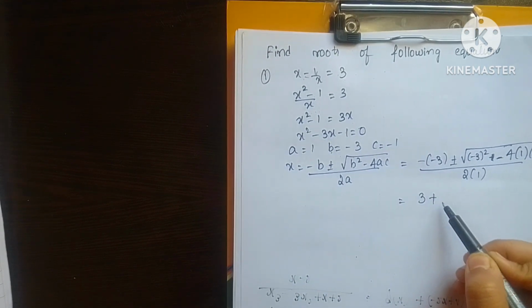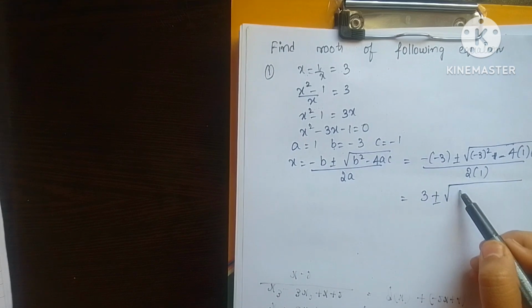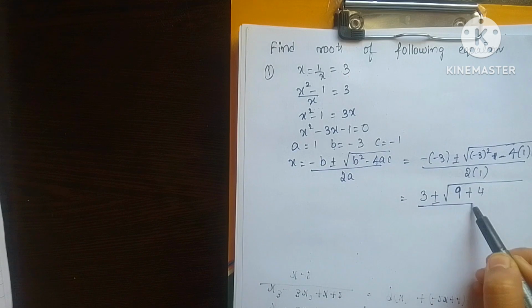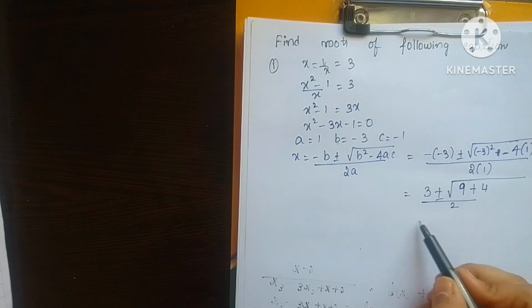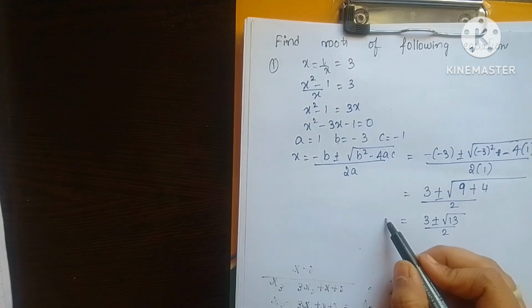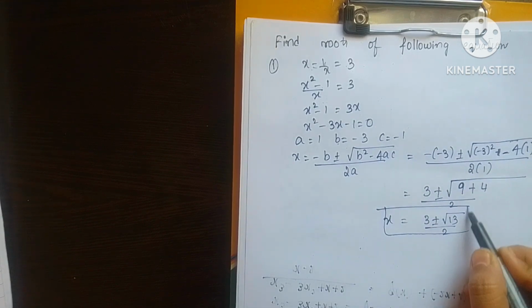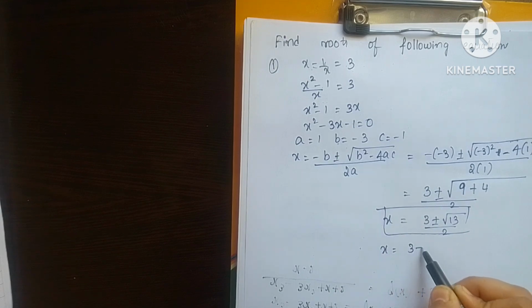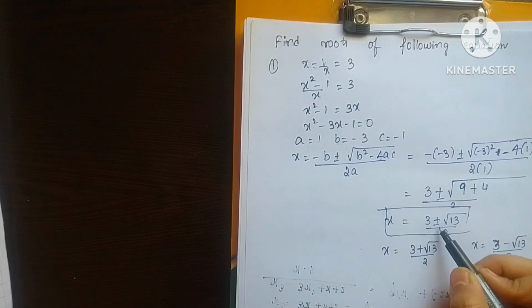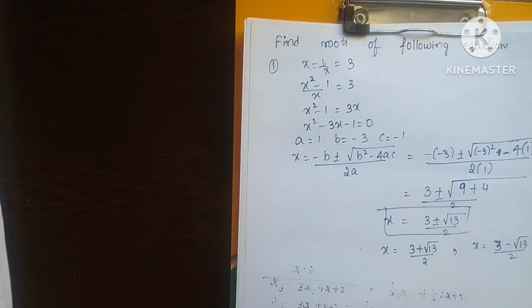Minus into minus is plus, plus or minus. Minus 3 square is 9. Minus into minus plus 4 by 2. So we will get 3 plus or minus square root of 13 by 2. So the values are x is equal to 3 plus root 13 by 2, x is equal to 3 minus root 13 by 2. So 2 roots we are getting here.